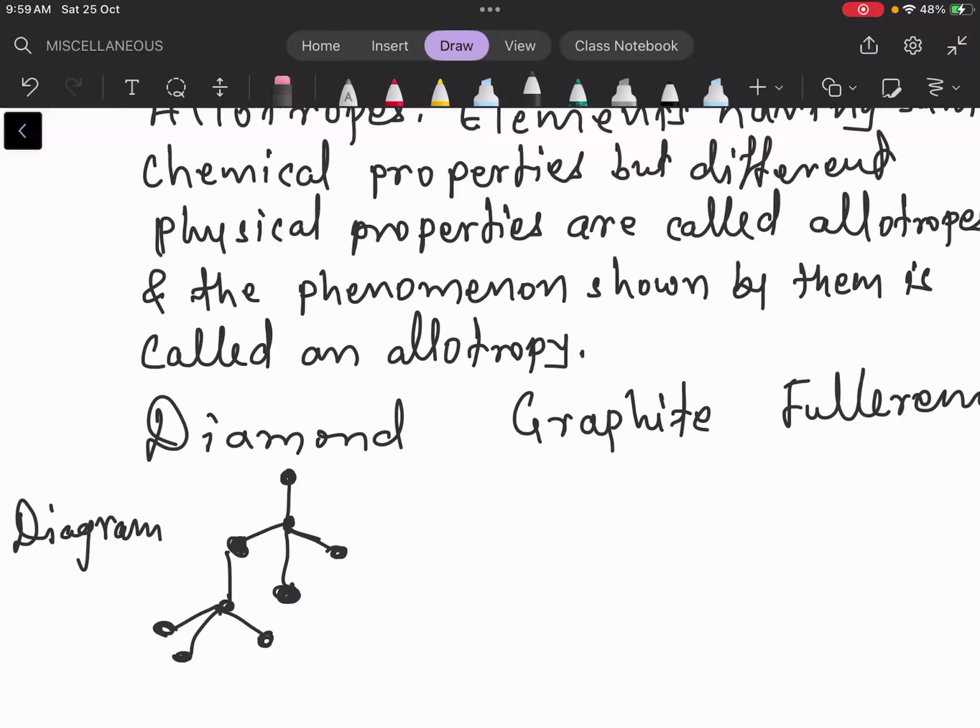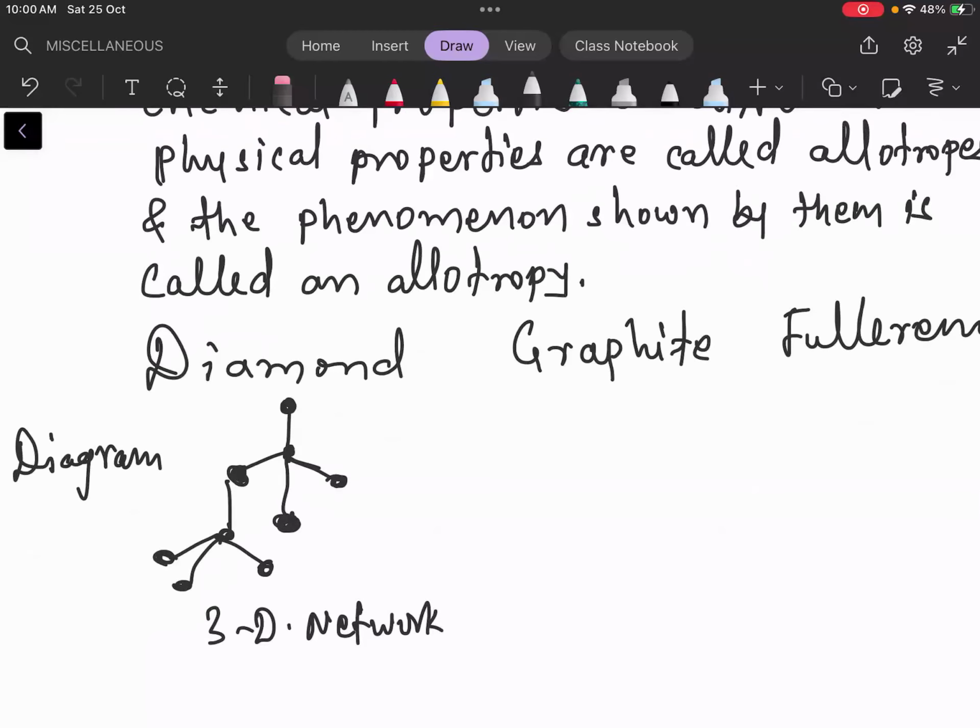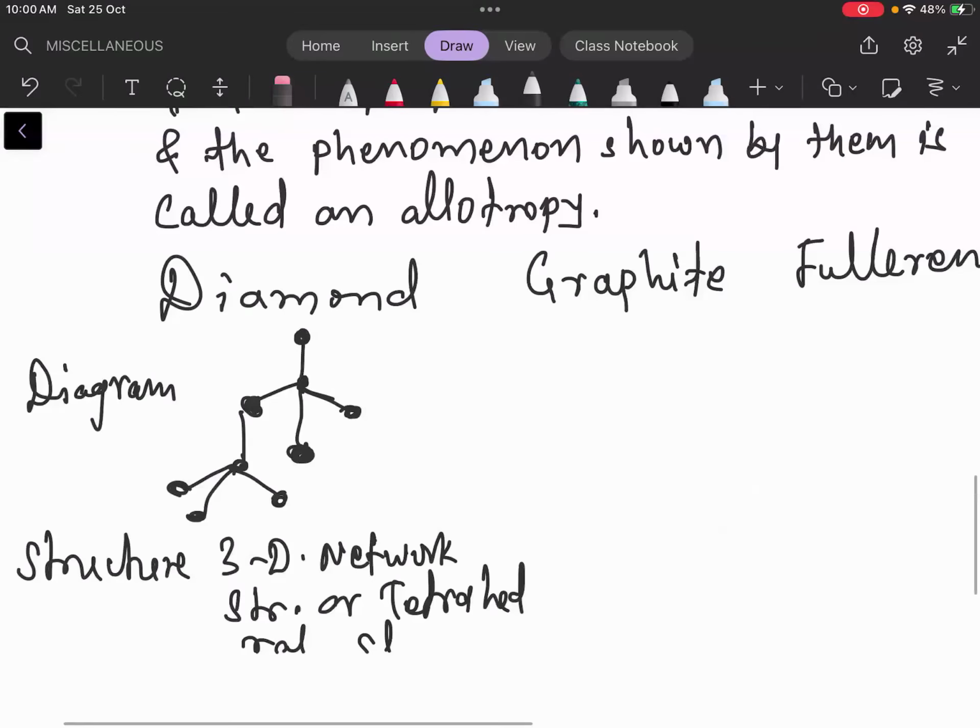So it has a three-dimensional network-like structure, or tetrahedral structure.